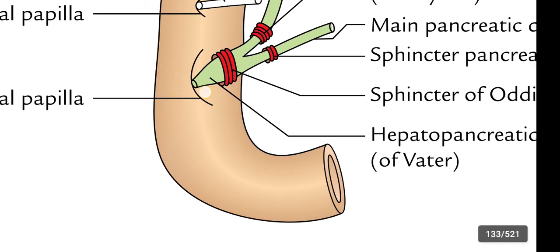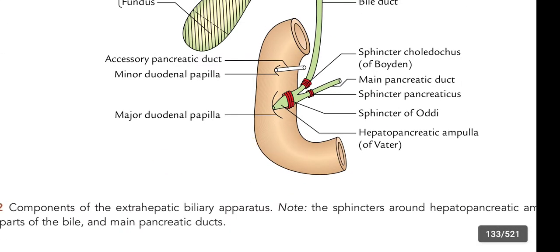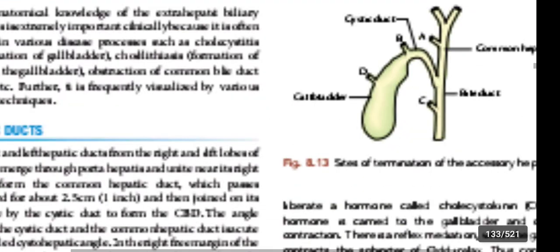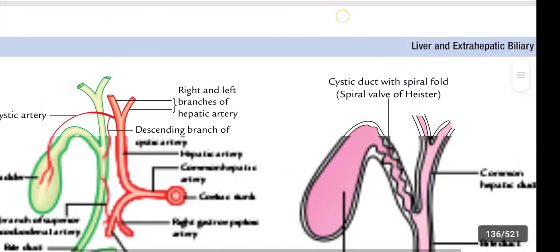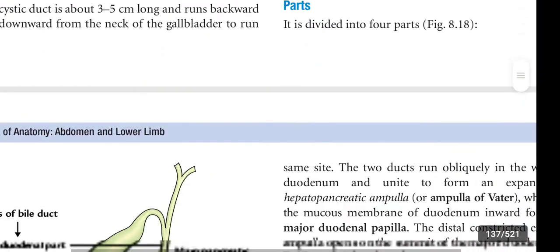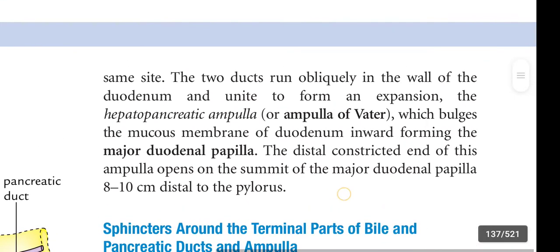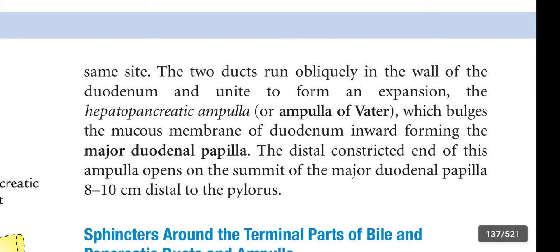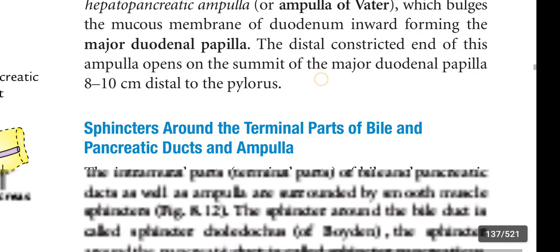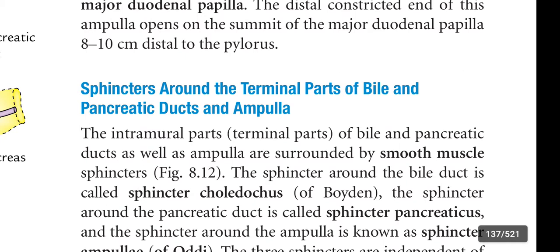This is the bulged part and this is the constricted part, and it summits to form the major duodenal papilla. The distal constricted end of this ampulla opens into the summit of the major duodenal papilla, 8 to 10 centimeters distal to the pylorus. Next, coming to the sphincters around the terminal part of the bile and pancreatic ducts and ampulla.